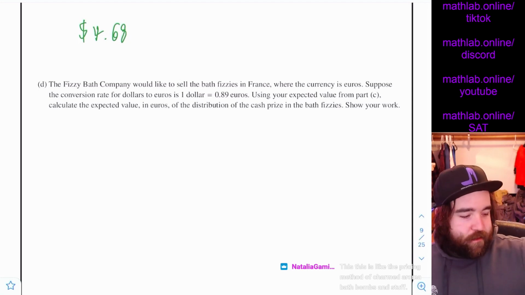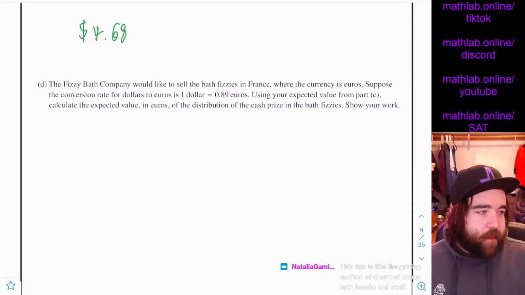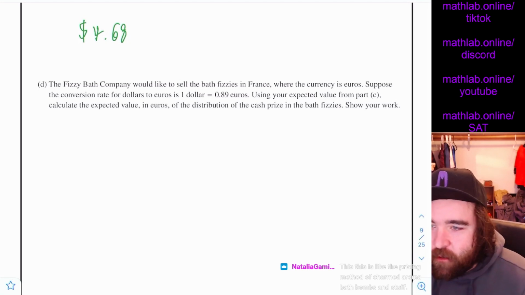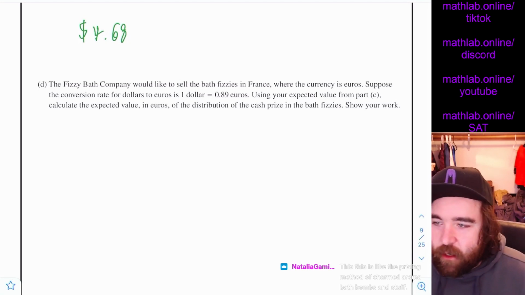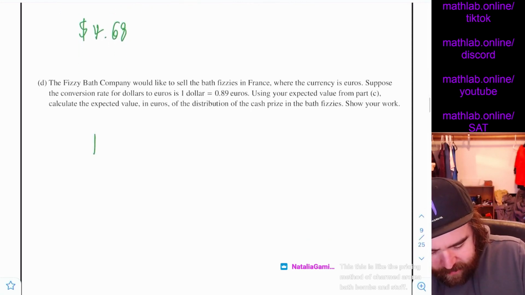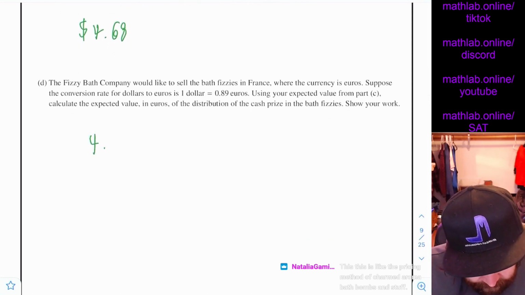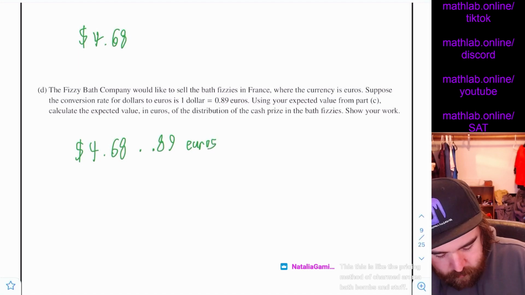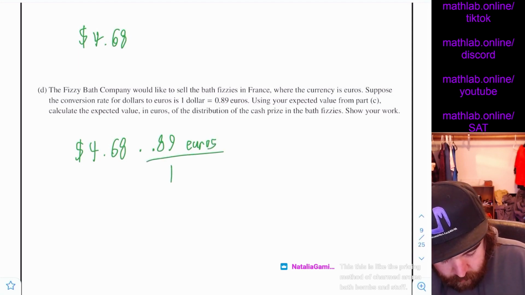Okay, anyway. The Fizzy Bath Company would like to sell bath fizzies in France where the currency is euros. Suppose the conversion rate for dollars is given. Use your expected value to calculate the expected value in euros. A little chemistry here, a little dimensional analysis. We're simply going to do $4.68 times 0.89 euros over $1.